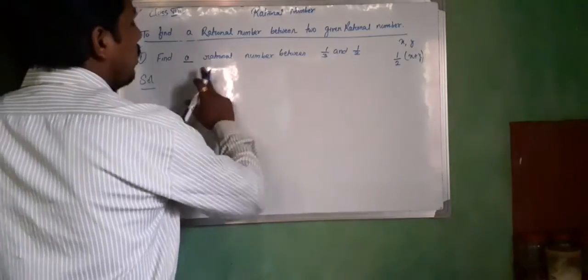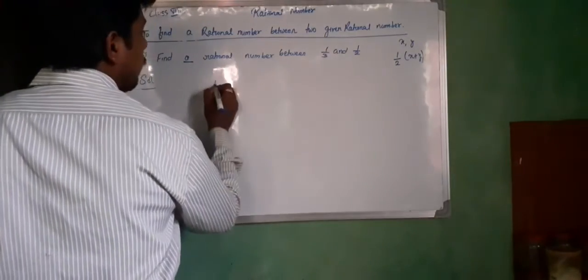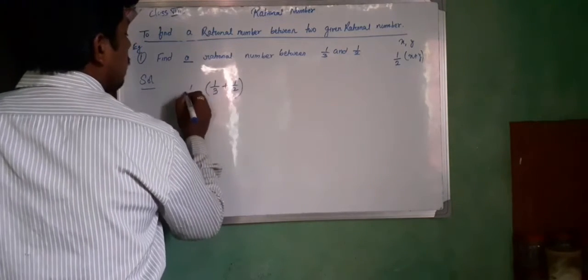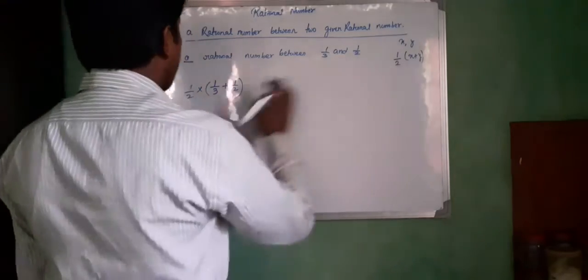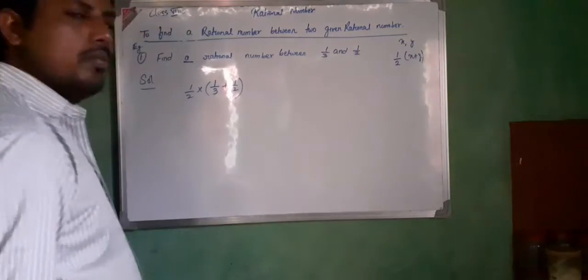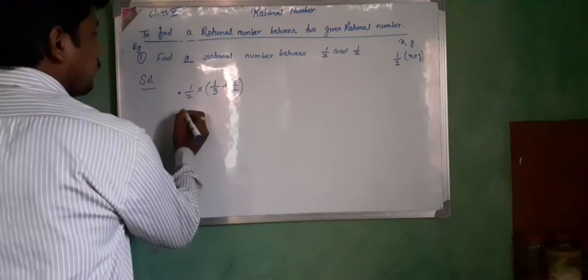So to get a rational number, we add 1/3 plus 1/2 and multiply by 1/2. See, 1/2 into (x plus y), here similarly 1/2 into (1/3 plus 1/2).